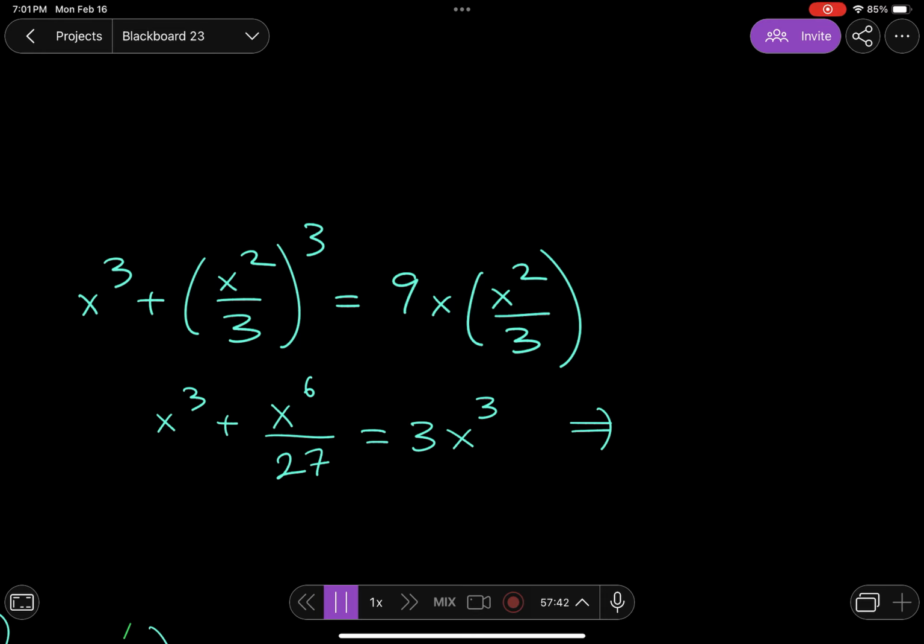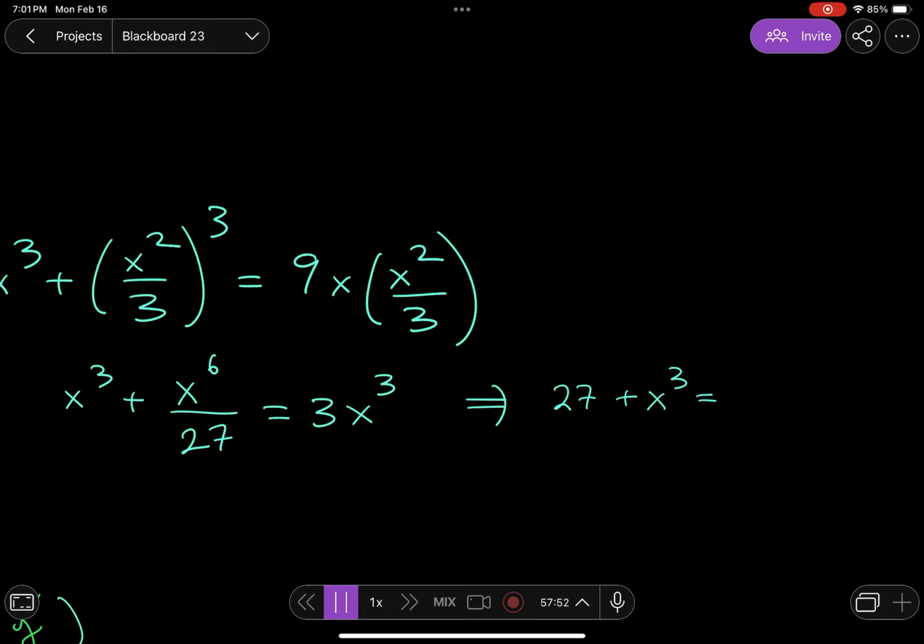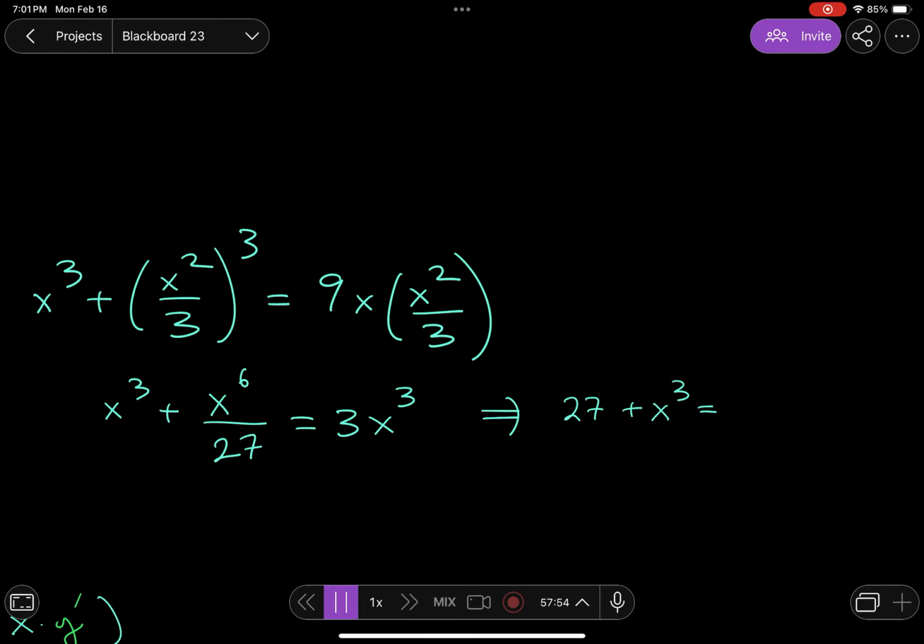giving us 1 plus 27. No, sorry. 27 plus x cubed is equal to 81. That tells me that x cubed is equal to 81 minus 27. That's too hard. 54.